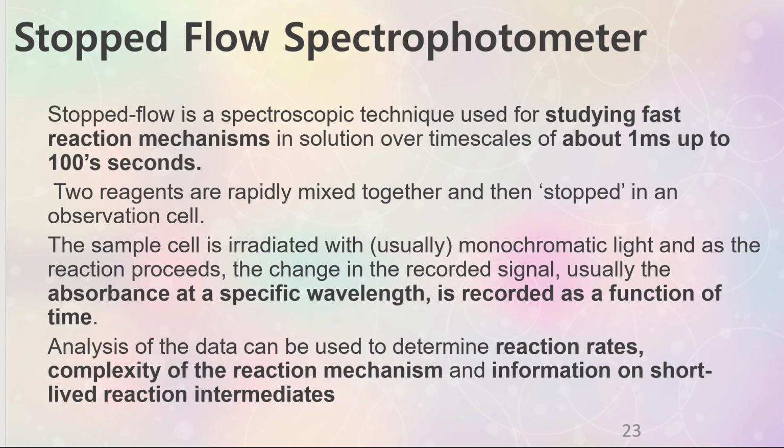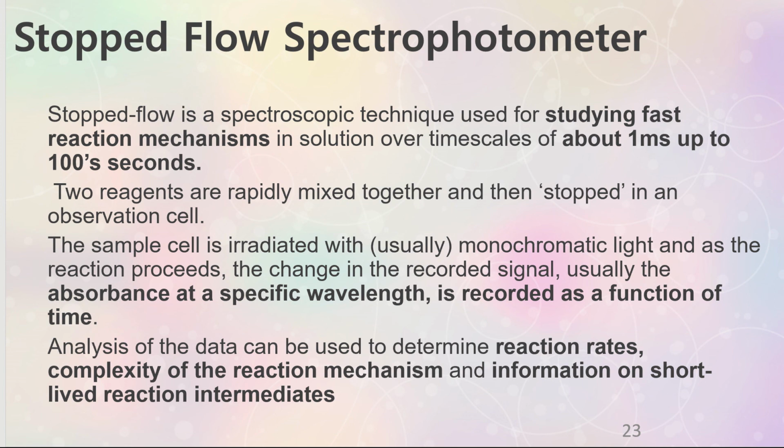And adding to that, it can give us information on short-lived reaction intermediates. So just to recap what we just saw, the stopped flow, and we're going to look at how it looks in a little bit.